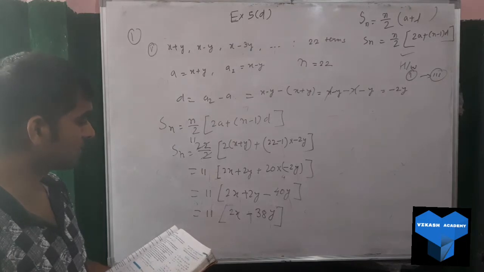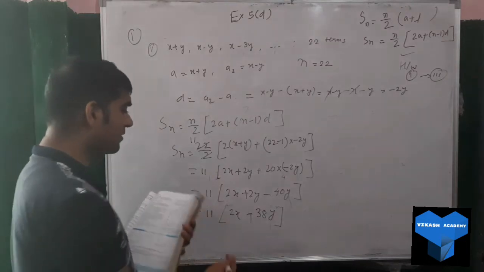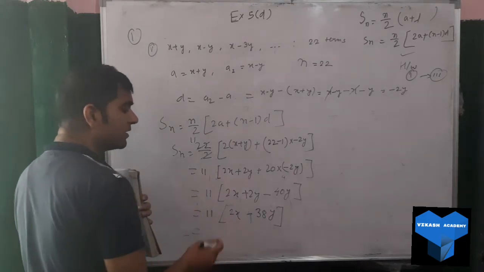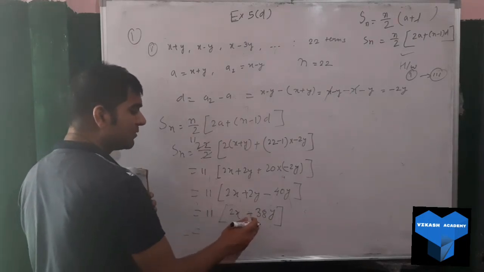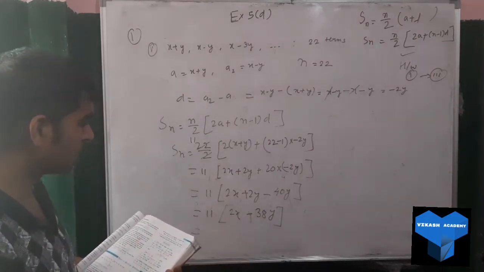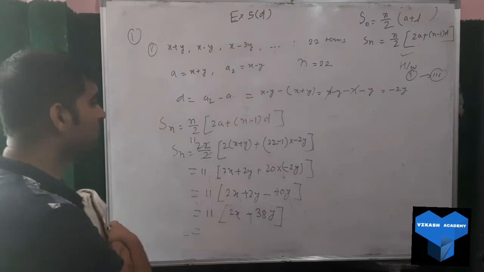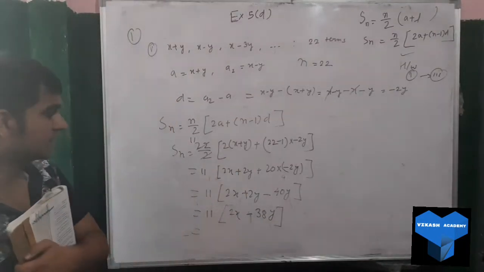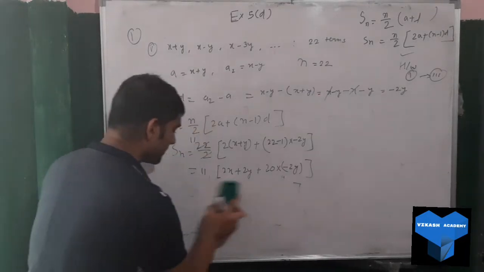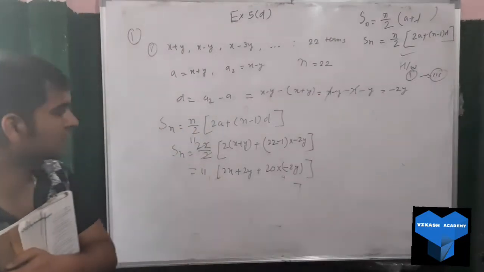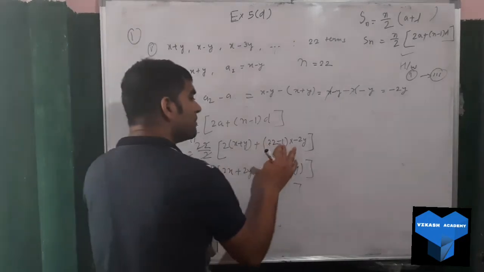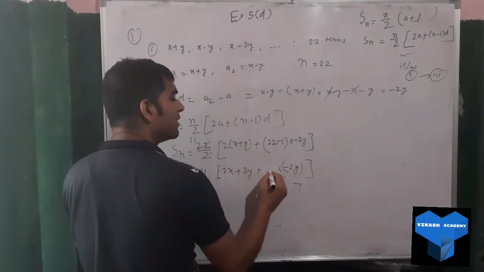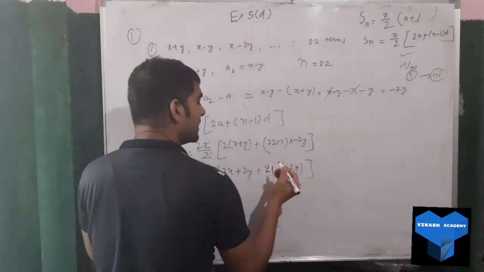What can we take common from here? Yes, you can take 2 common. Before that, I will check here. We have made a little mistake: 22 minus 1 will be 21, not 20.